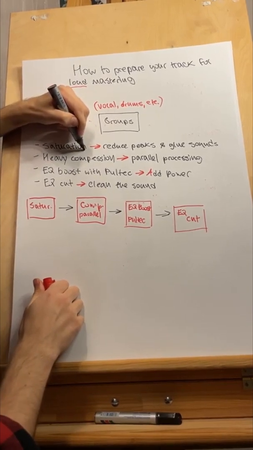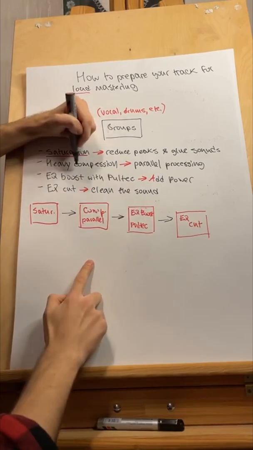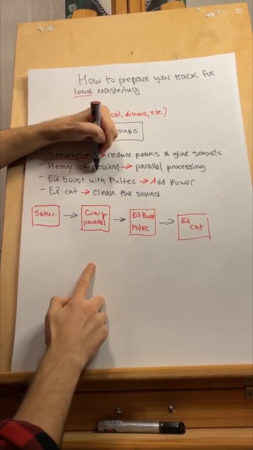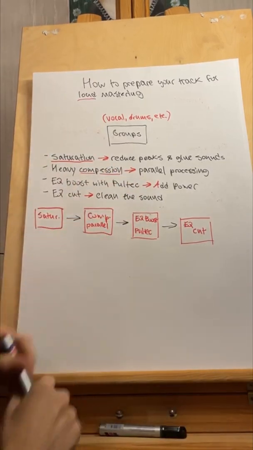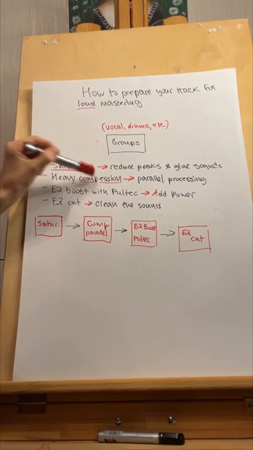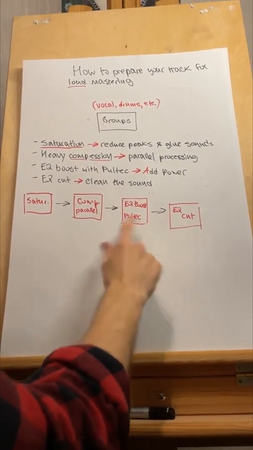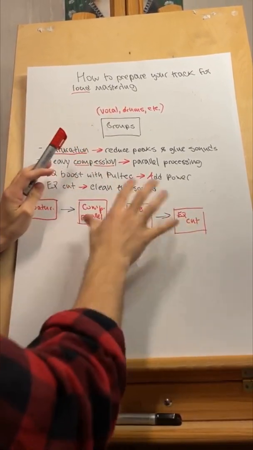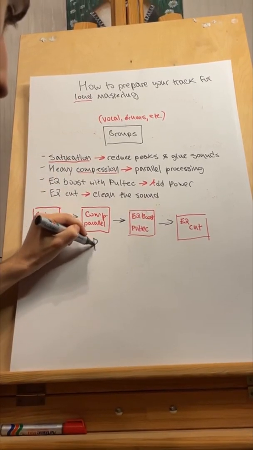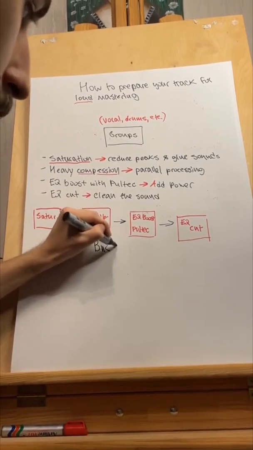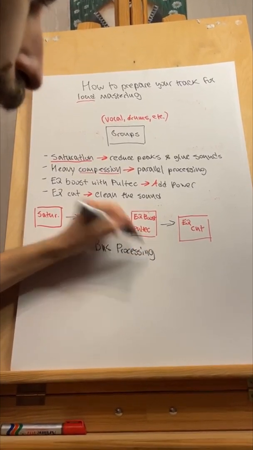If you remember the previous slide, saturation and compression, those two tools are going to compress your mix. And by applying saturation and heavy compression on the group, this all goes to the group. You can also use this on the individual channel, but this one is going for bus processing, okay? Just like this.